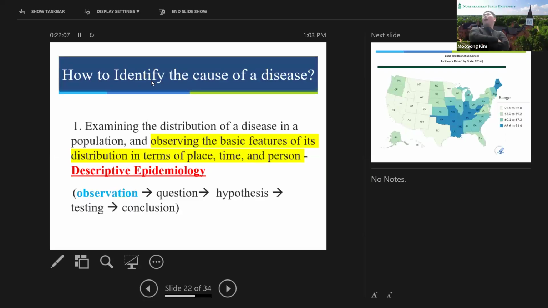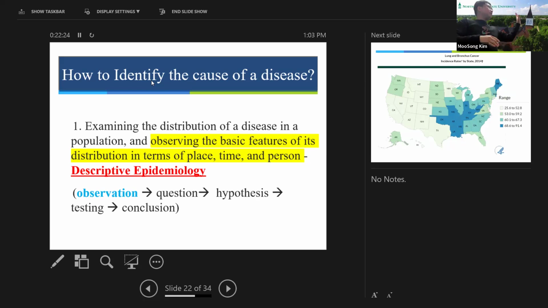Let's talk about how to identify the cause of a disease. We talked about the meaning of a study at the beginning of the class. A study is a systematic approach to solve problems.